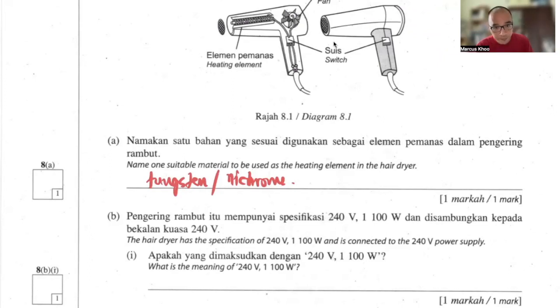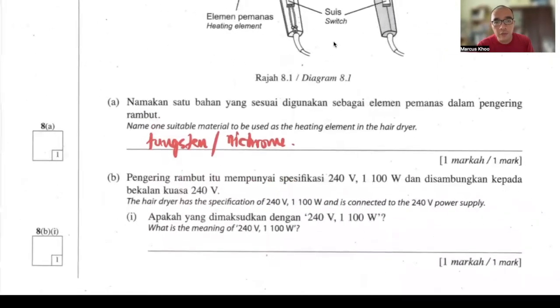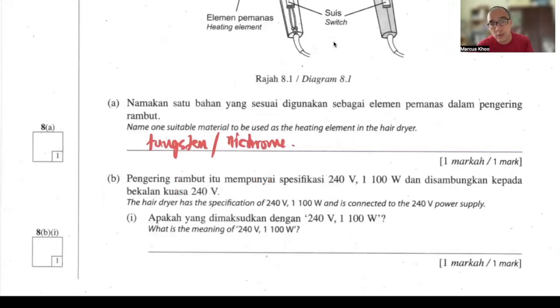What is the meaning of 240 volts, 1100 watts? This one is a no compromise question. You cannot write the words power rating, because that's what it is. They're asking for the meaning.